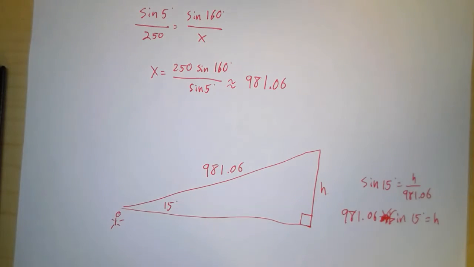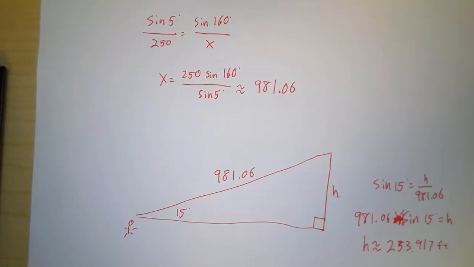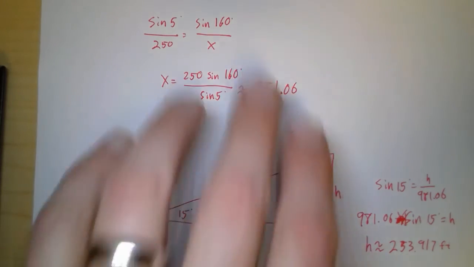And we'll find that approximate. And so h is roughly 253.917 feet tall. So this problem required both trig ratios like we used with right triangles, but also required law of sines.